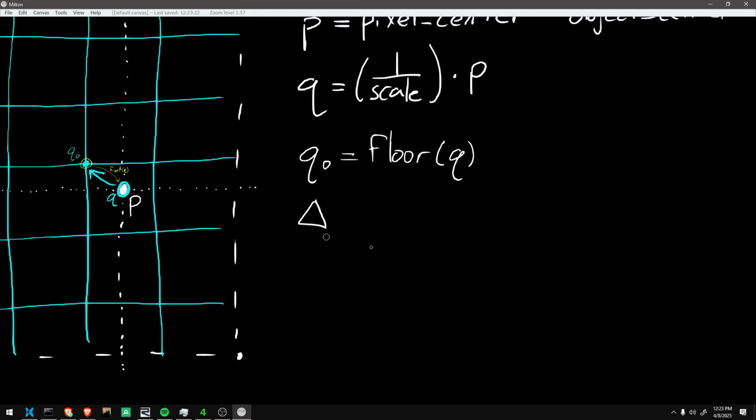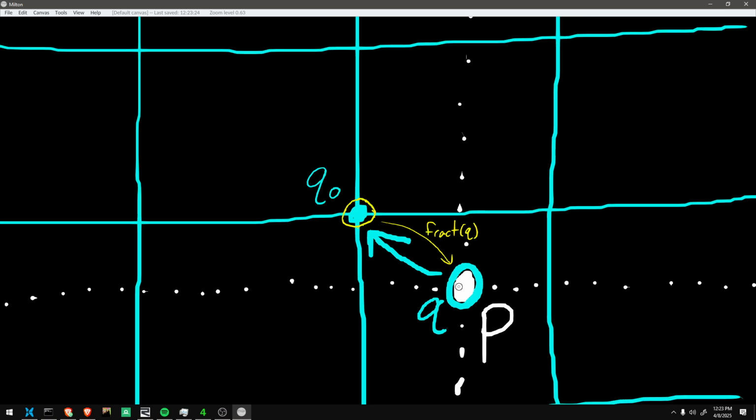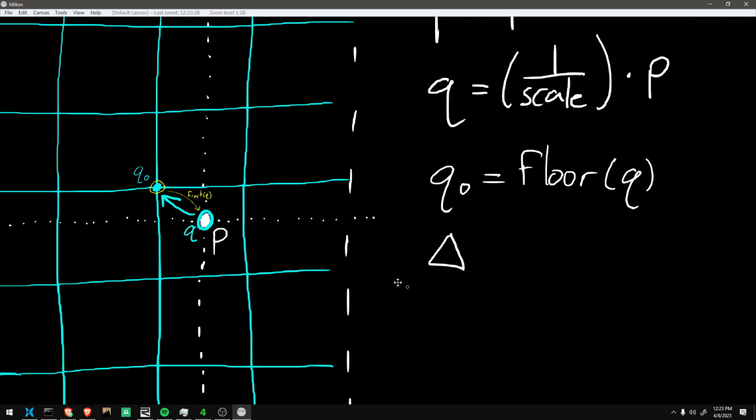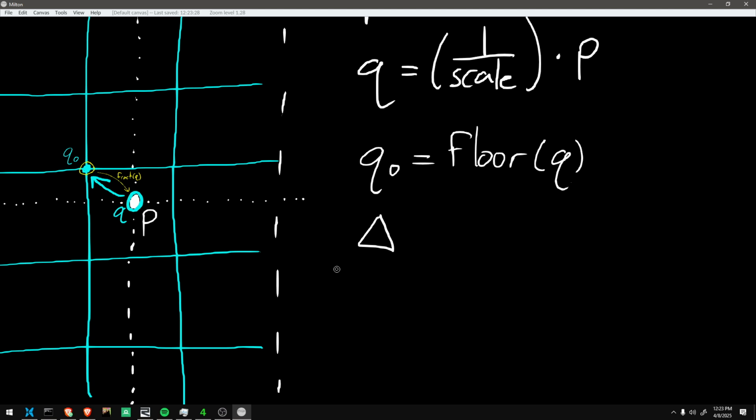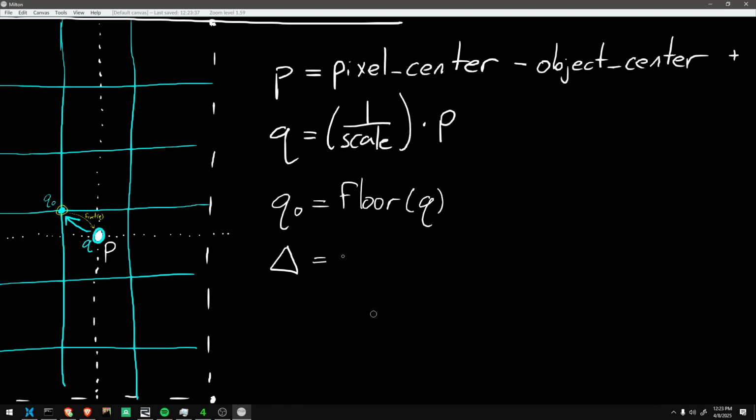Delta is the size of this vector here in pixels, which is the fractional part of Q times the scale factor.